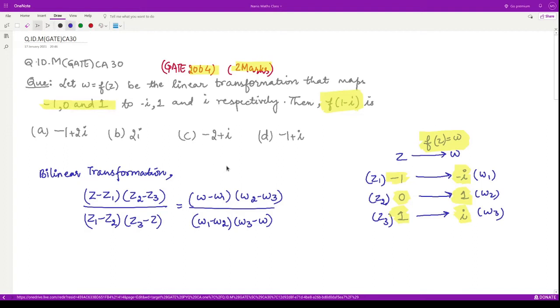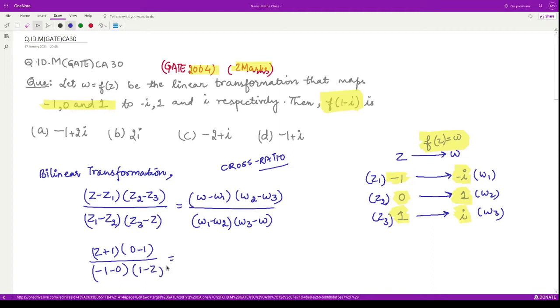So for that we'll use this formula, namely the cross ratio, right? So here we can substitute these 6 values as defined here. So what is z1? z1 is 1, and then we have z2 as 0 minus 1, and then z1 is minus 1 minus 0, and then we have z3 is 1 minus z.